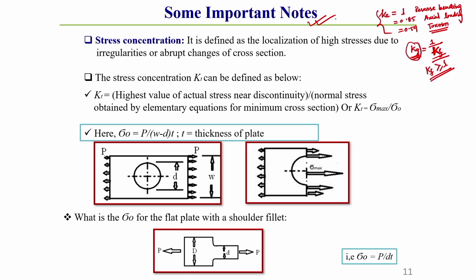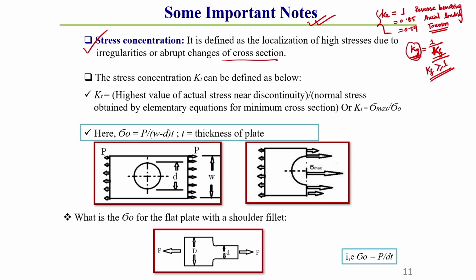What are those important notes? First of all, we need to know what stress concentration is. Stress concentration you can define as a localization of high stresses due to some irregularities or abrupt change of cross section. So, wherever there is an abrupt change of cross section, there is a chance of stresses rising.